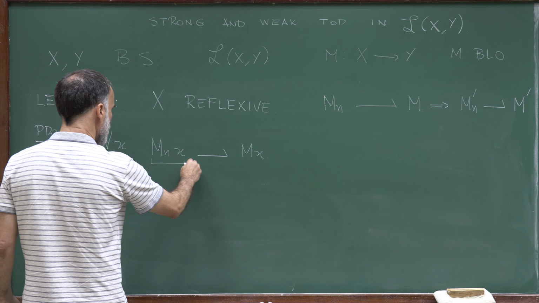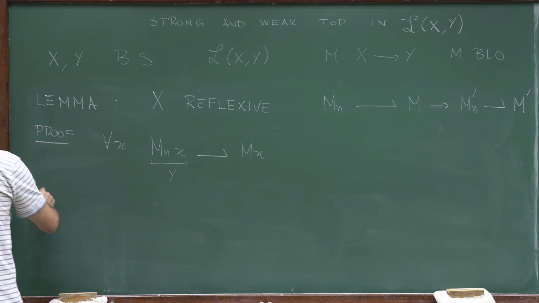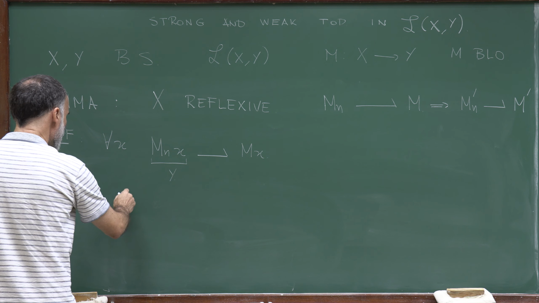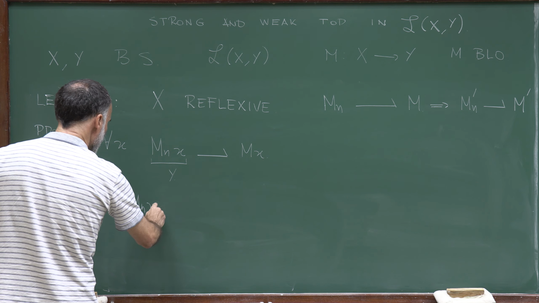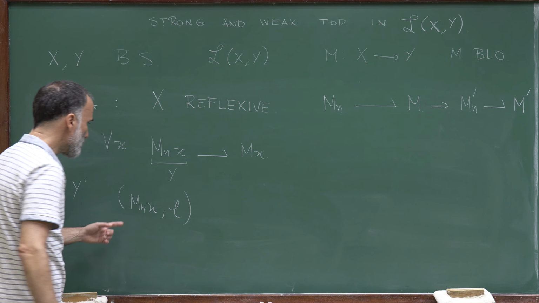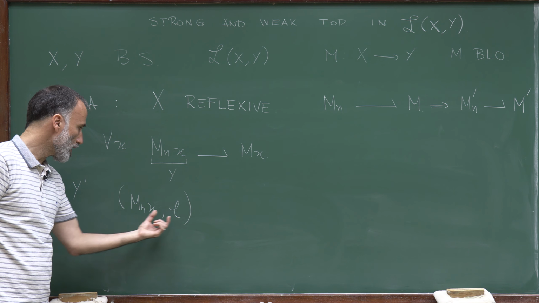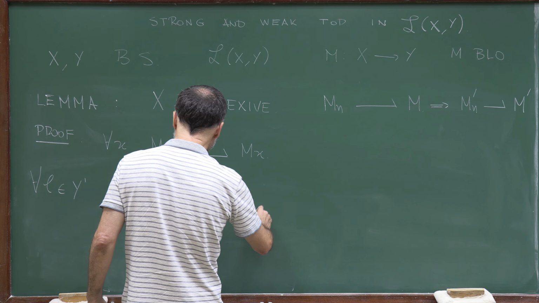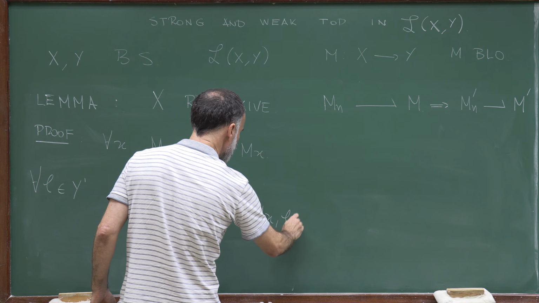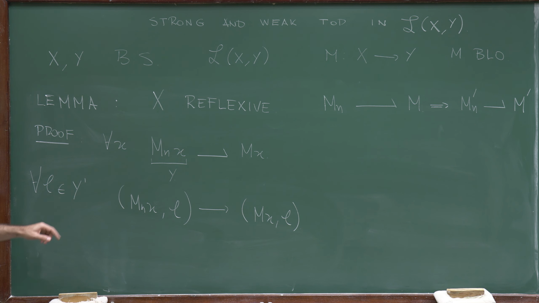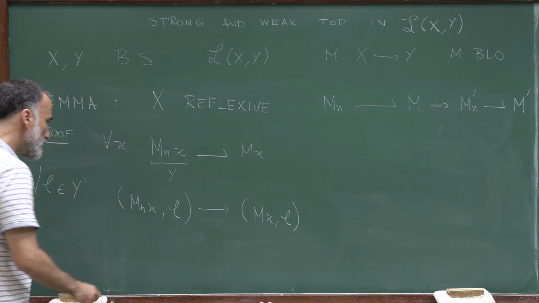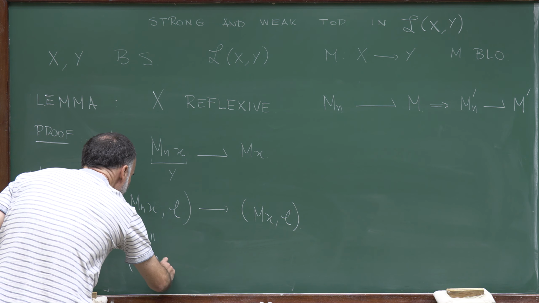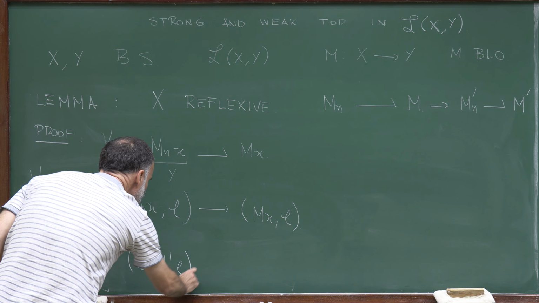So these are elements of Y. This means that for all L in Y prime, Mn x L, so remember in my notation, this means that this is L applied to the point Mn x, is converging to M x L for all L in Y prime. By definition of Mn prime, this is x Mn prime L.